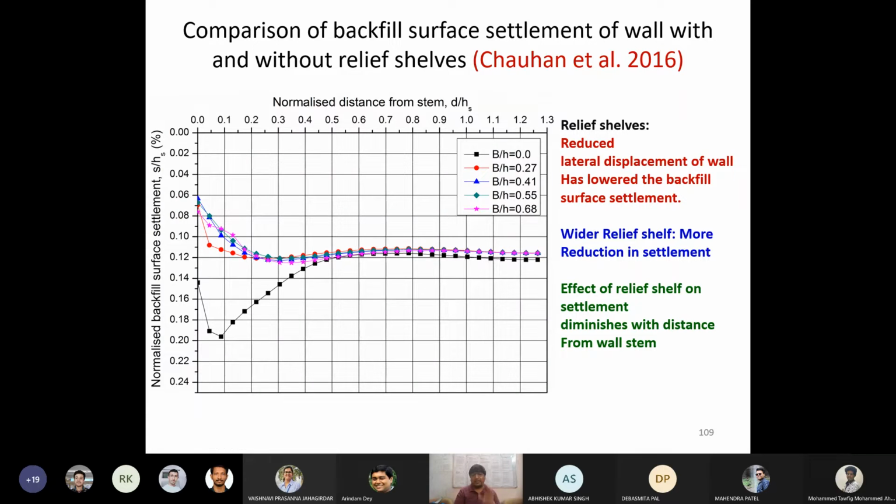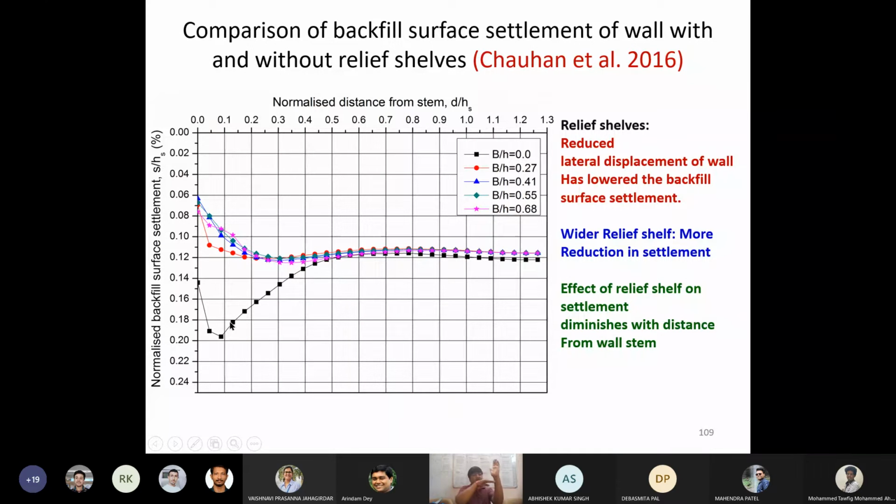Why is this happening? Because the wall is moving away from the backfill. Suppose this wall, which has no relief shell, is moving away from the backfill; the gap created over there will lead the soil particles to settle downward, which gives you this kind of backfill surface settlement.